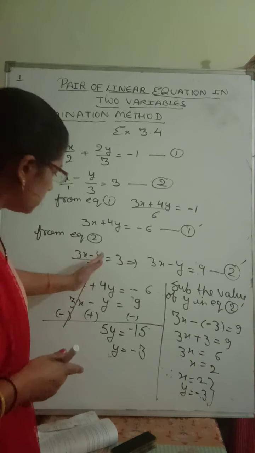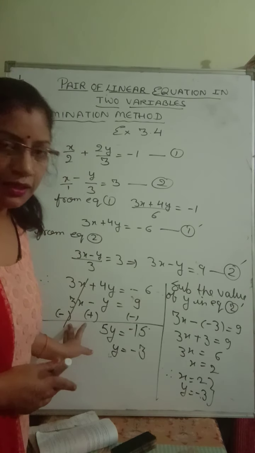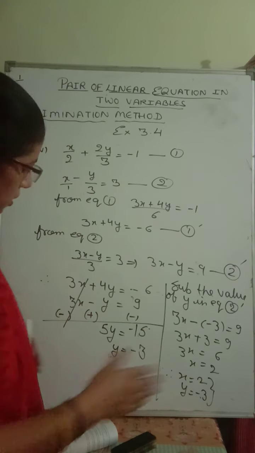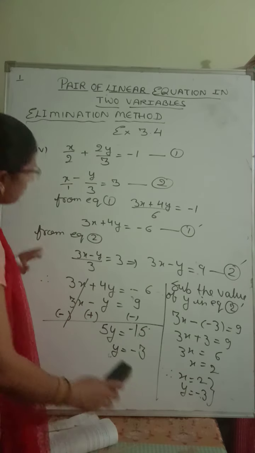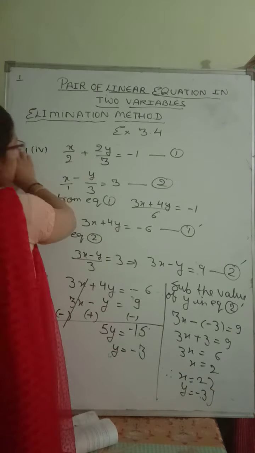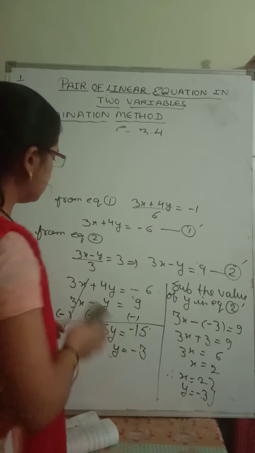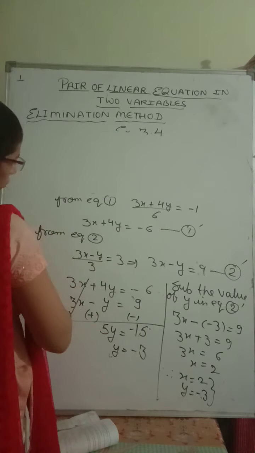Okay, elimination means we have to eliminate one of the variables, either by adding or by subtracting. So now we have to do the same equation by substitution method. Okay, what we will do? Very first we will make these 1 dash and 2 dash same like this by taking the LCM. So now we have 2 equations.